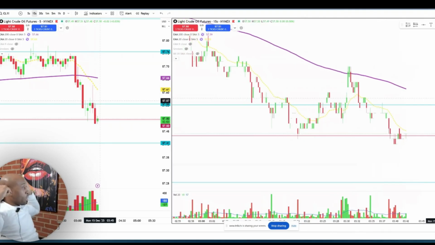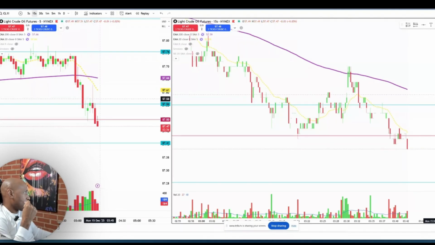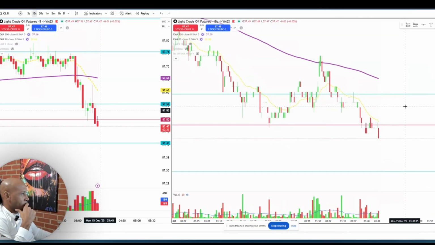Trying to miss not too many opportunities because I don't have but so many. Because I only have a 2-hour window. But I also have to make sure psychologically that I don't force a trade because I know I don't have that much time. Yeah, I could have took that. That would have been a good trade, bro. I didn't take that one.